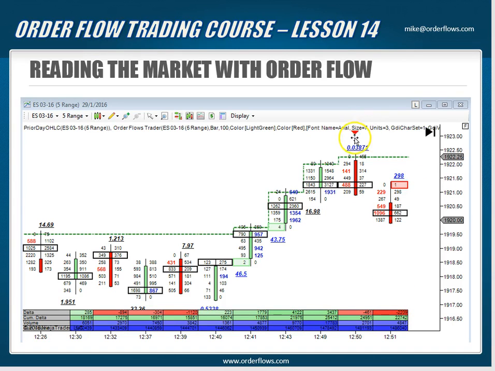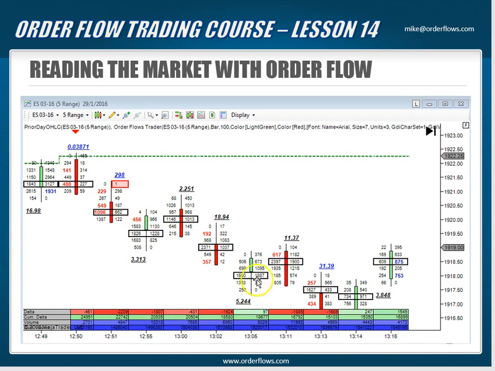So if you weren't convinced based on what you're seeing in this bar, in the second bar it's really obvious, especially you got three selling imbalances, you got a strong negative delta, you got a single print. It doesn't get much cleaner than that.